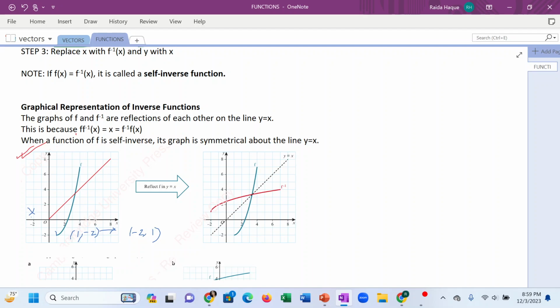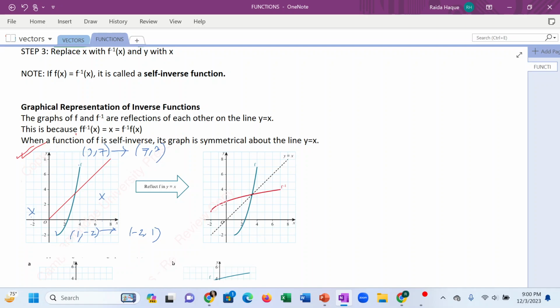Again, over here you see this point is basically 3 comma 7. So we have 3 comma 7, and if we have to apply the inverse, it will be transformed to 7 comma 3. So then you plot the point 7 comma 3. So we can see that it is this point.